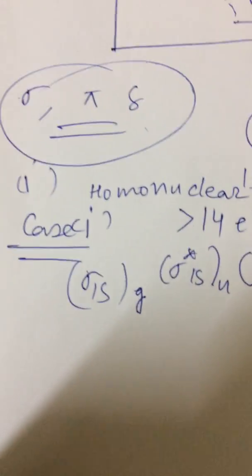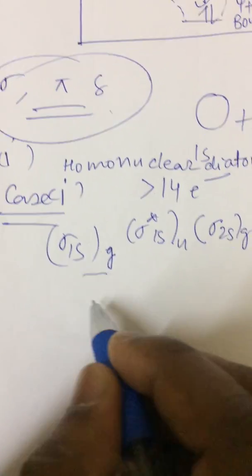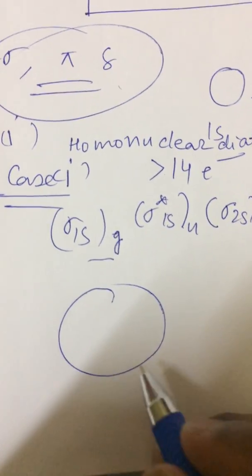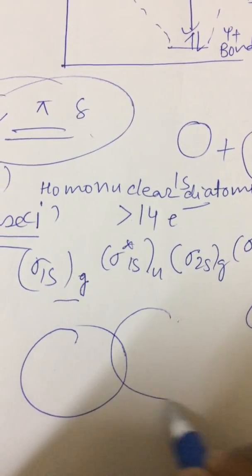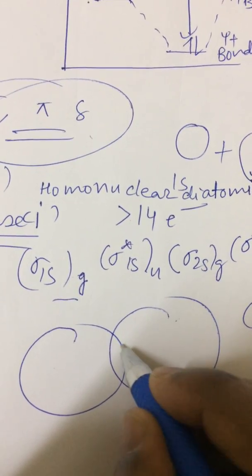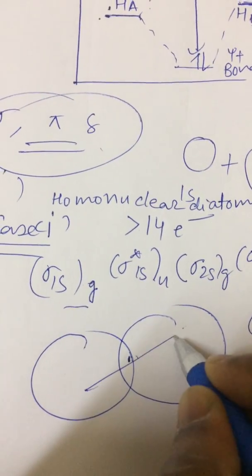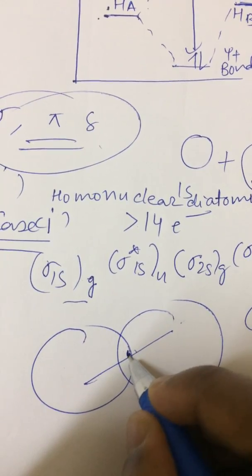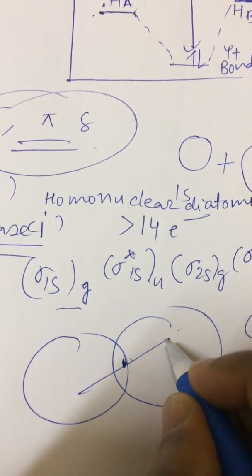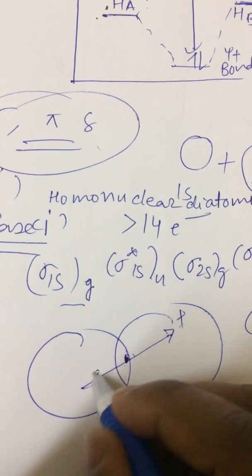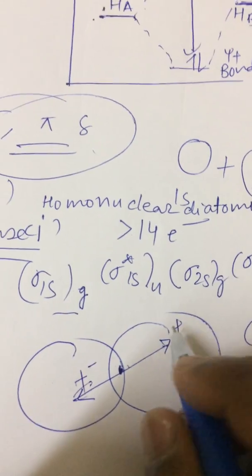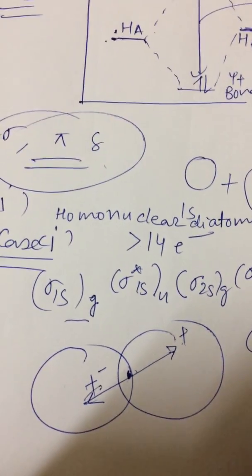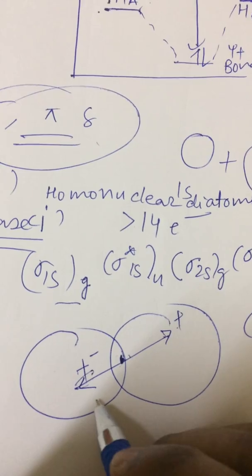In symmetry, if a line goes from the center along the main axis, and on the other side goes the same distance, then it is center inversion.